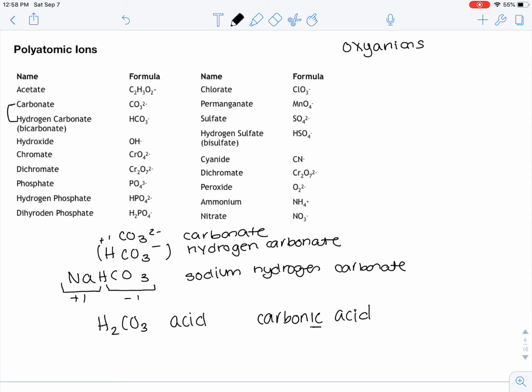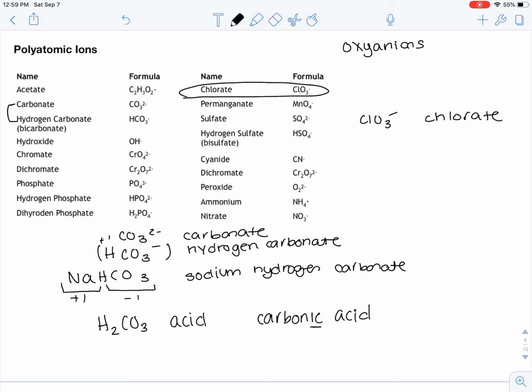So let's look at chlorate for this example. ClO3- is chlorate. That's your base. Your base is always the one that has all the oxygens, and then you can either go down or up. Chlorate is a very special example. There's not that many that can go up, but know that that's your base.